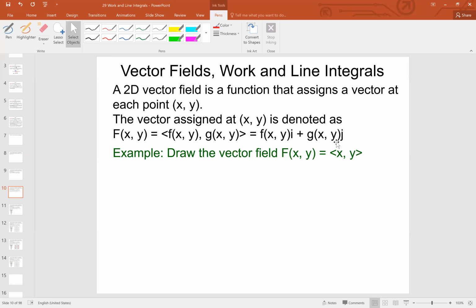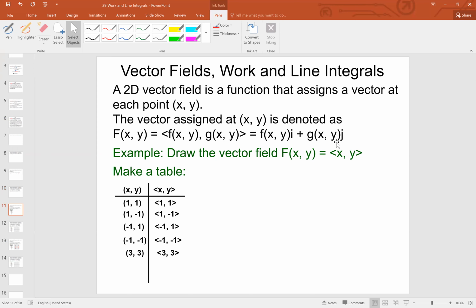For example, I can define the vector field F at a point x, y to be the vector x, y itself. So at different locations, I assign a little arrow, for example at the point 1, minus 1.